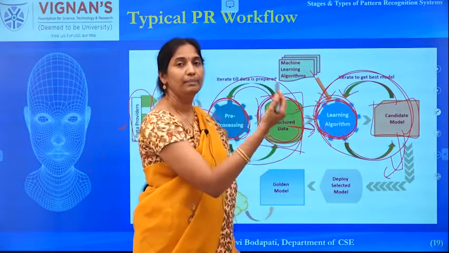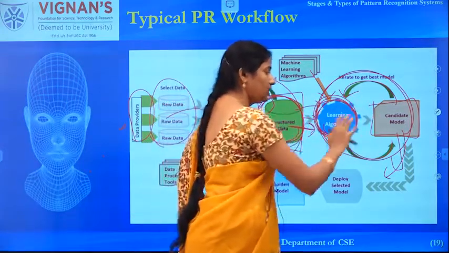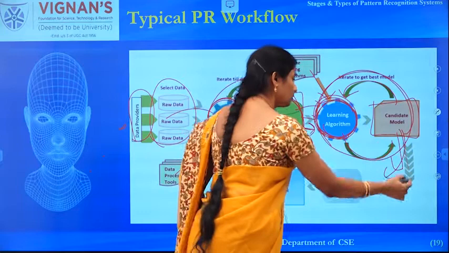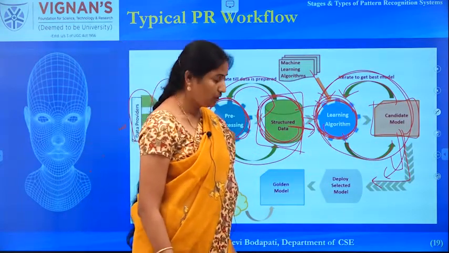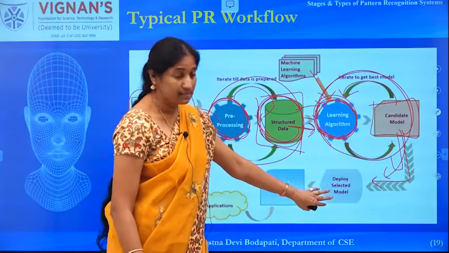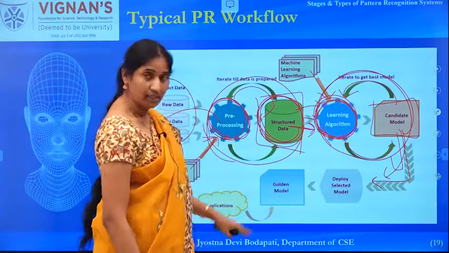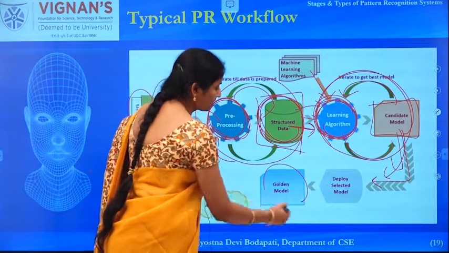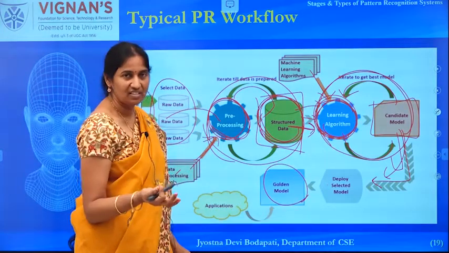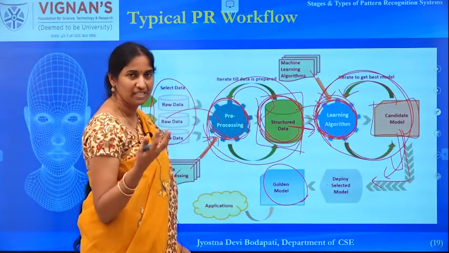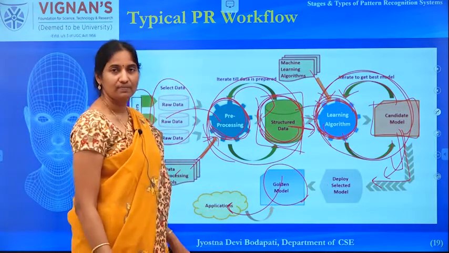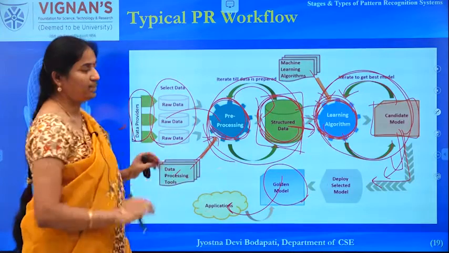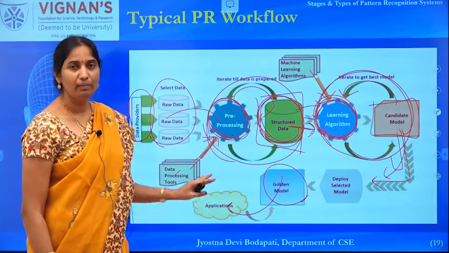If you are happy with the model, you can proceed to the next step, where you deploy your selected model in the real world, and that model we call the golden model. The reason is that this is the model producing the best accuracy, and it can be used for the applications. This is typically the workflow of pattern recognition.